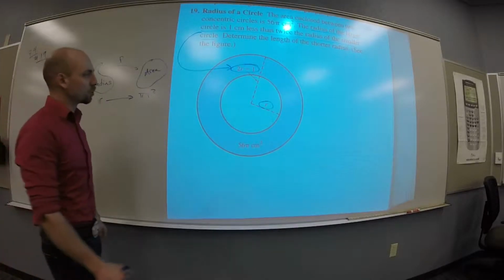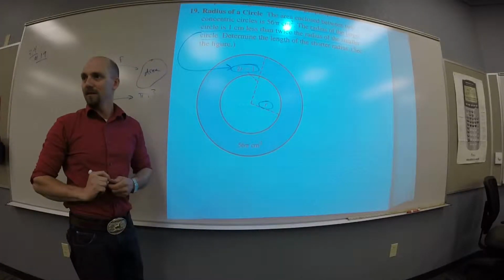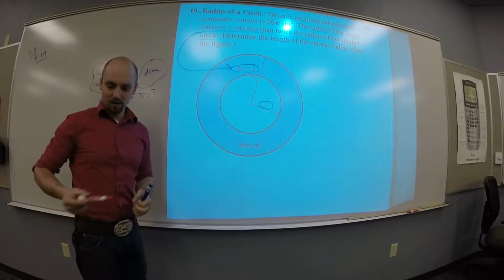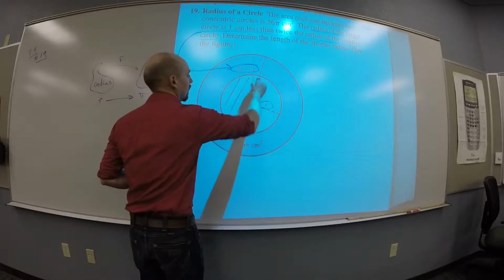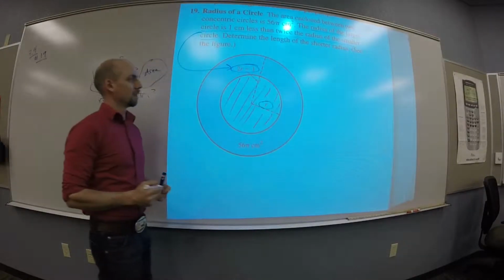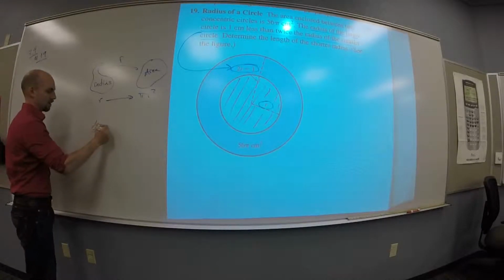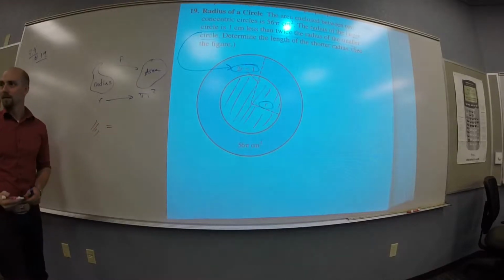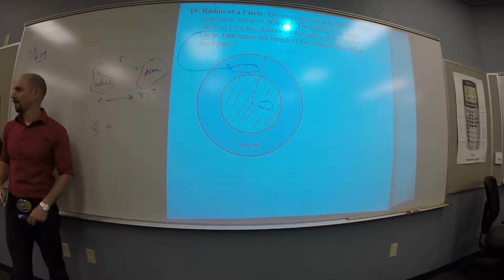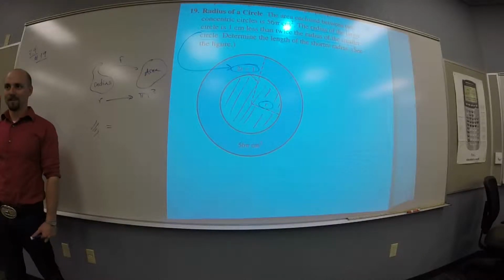So what's this white area here? So this stuff? Do I know about the red? How about what's the radius of the red? What did they tell me the radius was?